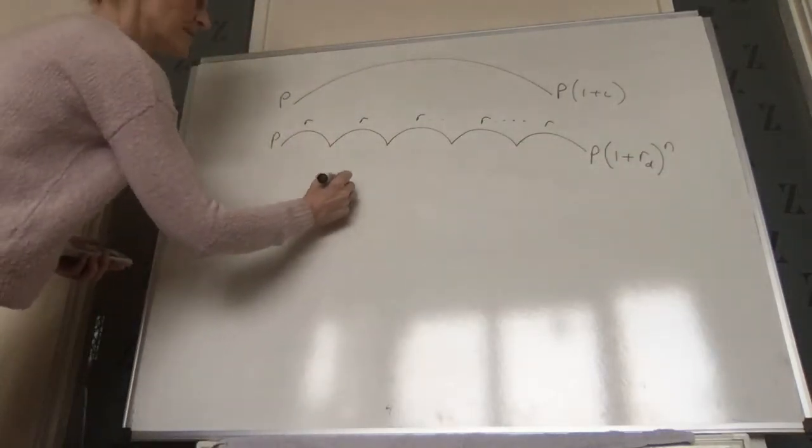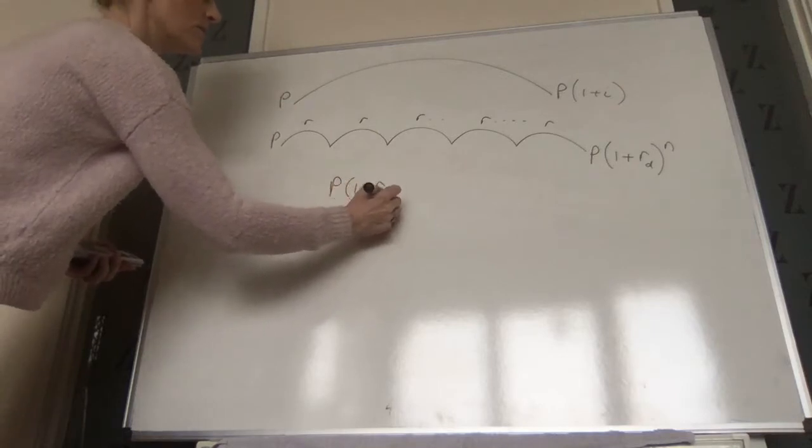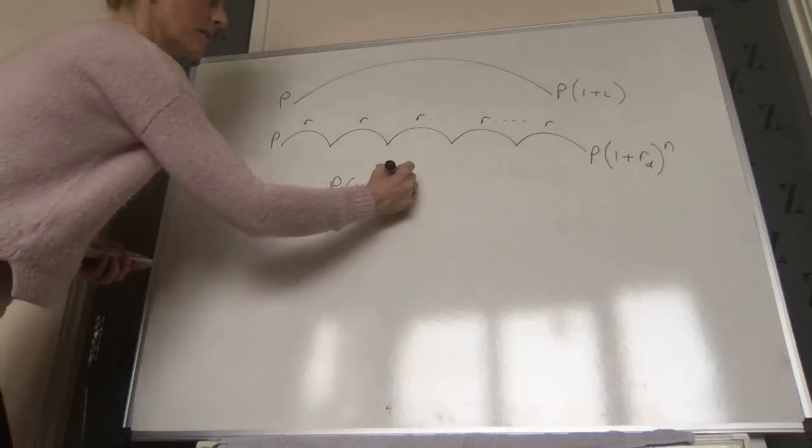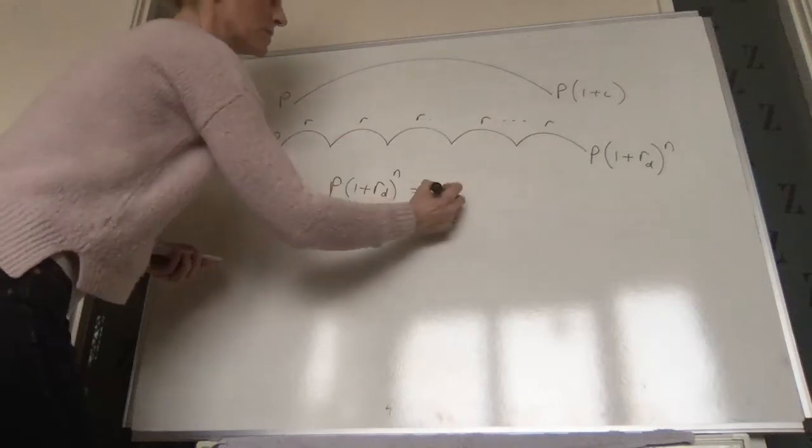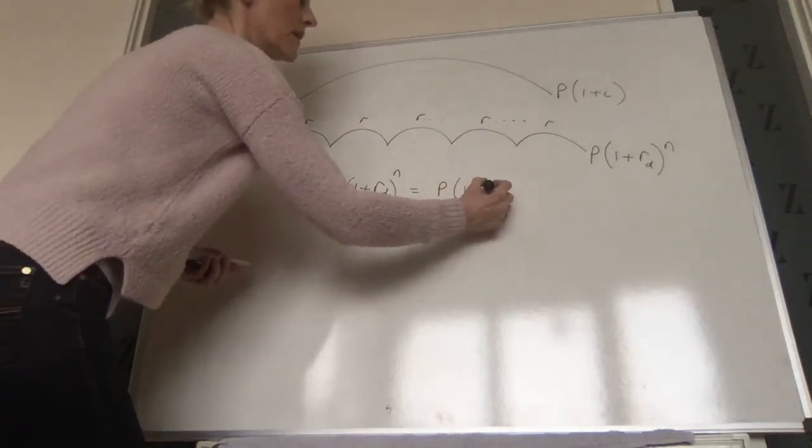And what we do is we say P times 1 plus r as a decimal to the power of n has to be equal to P times 1 plus I.